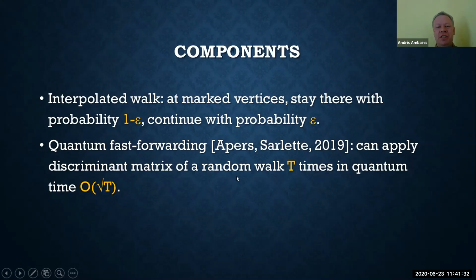The technical challenge is that the discriminant matrix may in general decrease the norm of the quantum state, resulting in a quantum algorithm which may succeed with very small probability. So we have to show that for this application of quantum fast forwarding, the success probability is actually large, and the state we get by applying the discriminant matrix is concentrated on marked elements of the search space.